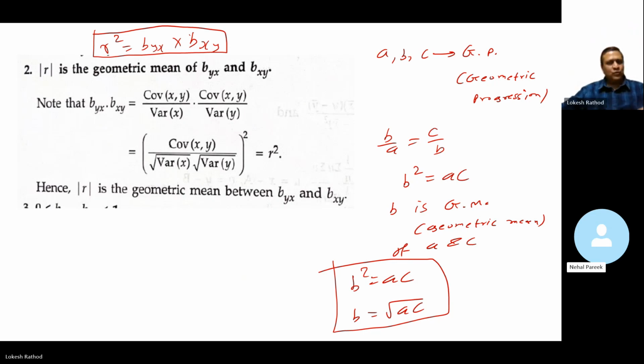How will it help? Suppose you find bYX and R is given, so bXY you can find directly. Or you find bYX and bXY, R you can find directly. Any two of these things are given, the third thing you can find using this formula. Got it? Done.